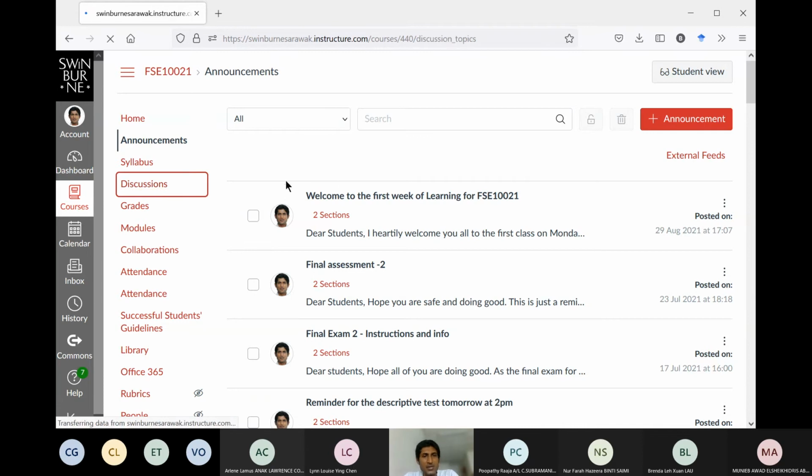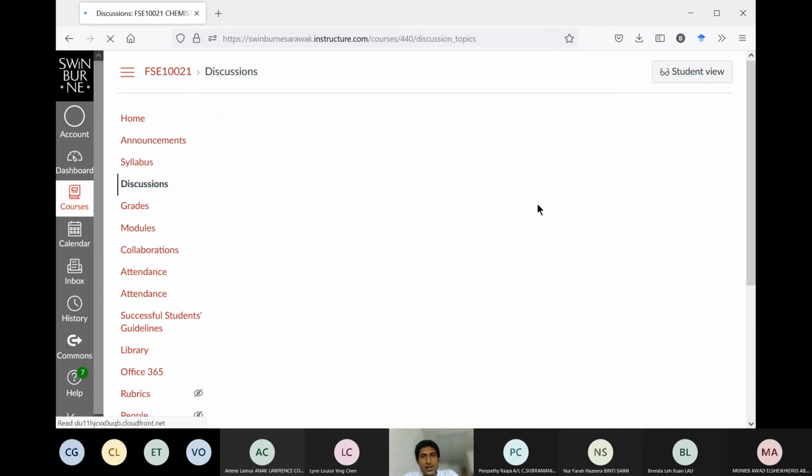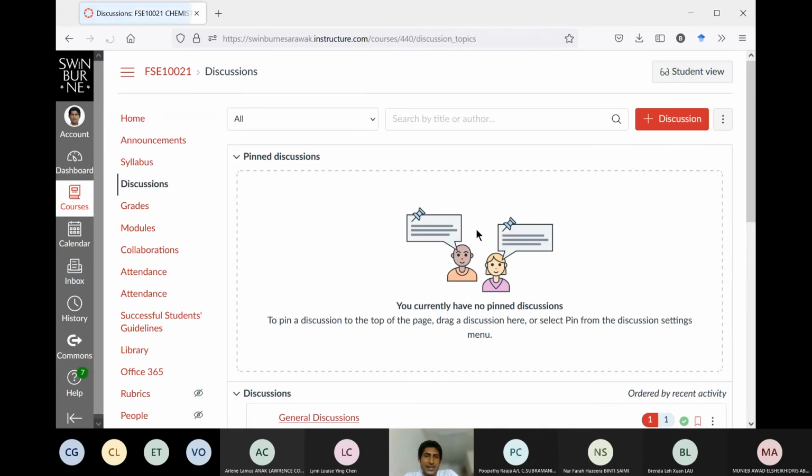And the discussion board is quite an important thing for discussing, since we always have all our electronic gadgets, our smartphone, the computer, as our friends. So it's better that you get involved in discussion. There are no marks in it.